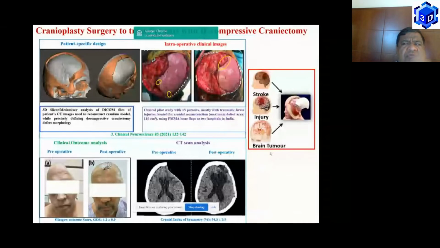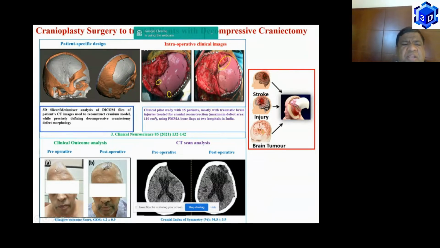We have used 3D printing to develop clinical models of the defective cranium and to identify the cranial defect size for patients who have undergone decompressive craniectomy, due to road traffic injury, brain tumor, or stroke.